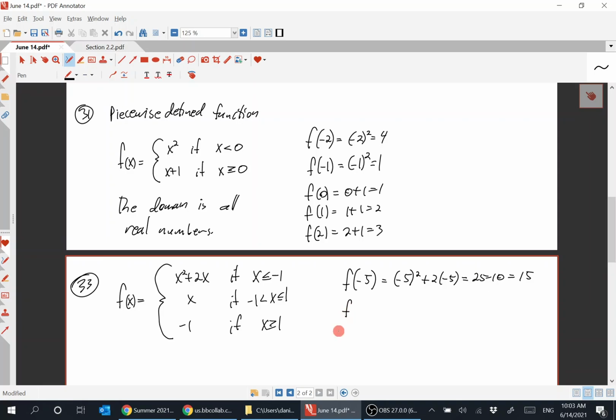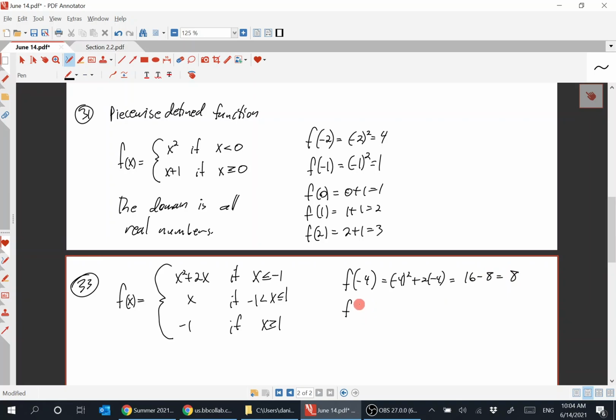Actually it was supposed to be f of -4, sorry. f of -4, still the top one. -4 squared plus 2 times -4. So that's 16 minus 8 is 8.